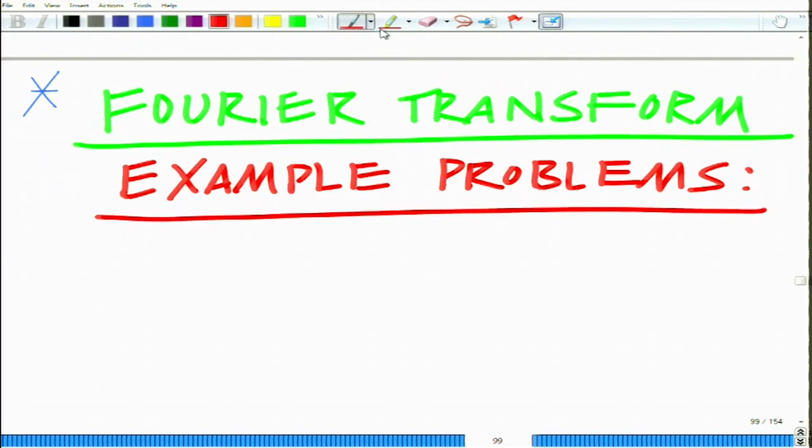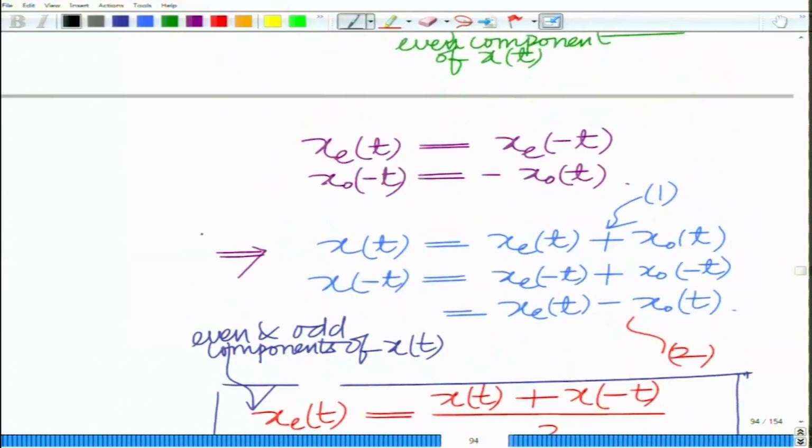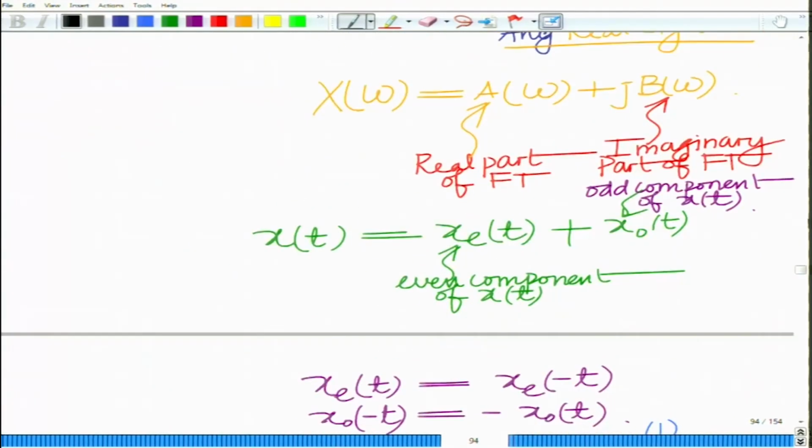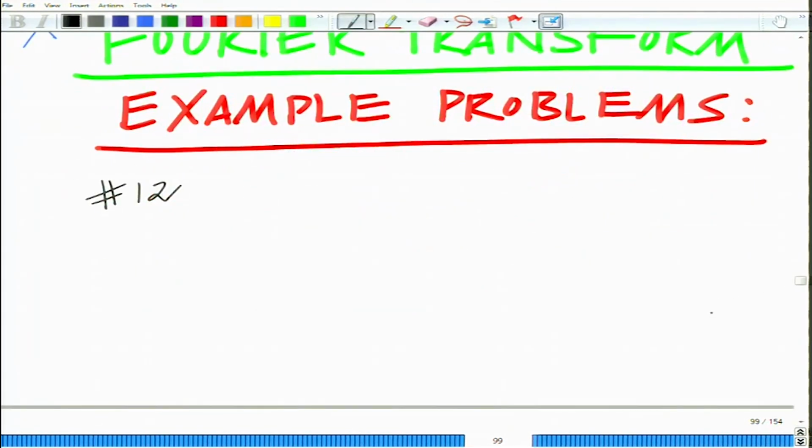And more specifically, now let us start a fresh example, example number 12, if I remember correctly. Let me just check it. The previous one was 11. Yes, this is example number 12. So, we want to look at the Fourier transform, the FT, of a Gaussian pulse.